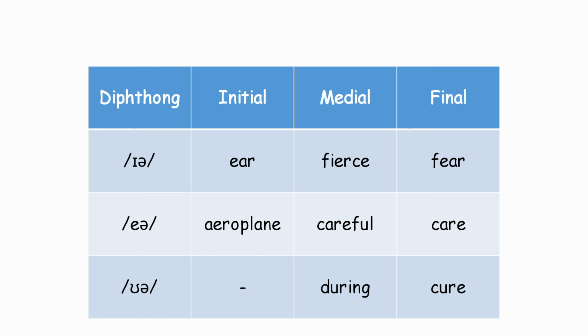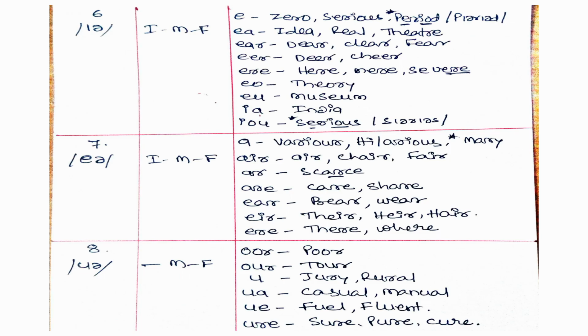Now, let's see its spelling. See the sixth one, ear. Yes, it's an IMF sound. Now this is also represented with nearly 6 or 7 types of spellings.